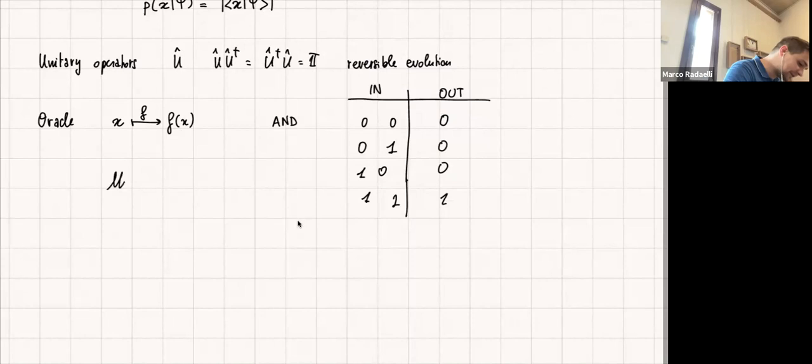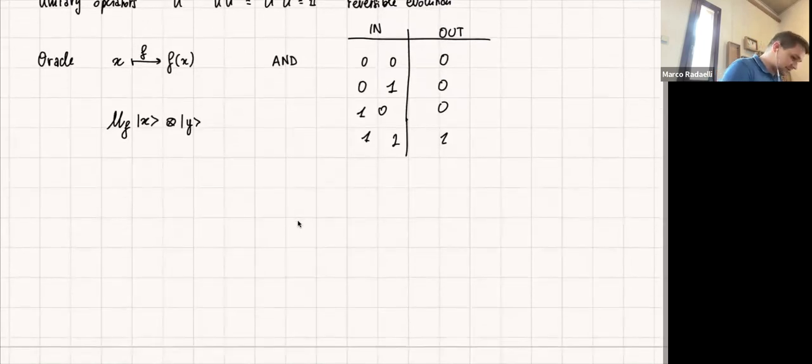So we define a unitary operator f, which acts on a larger space: an input space tensorized with an output register. This is defined in such a way that the output is again the input register, tensor y plus f of x.